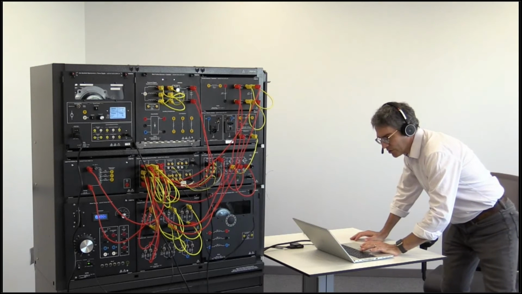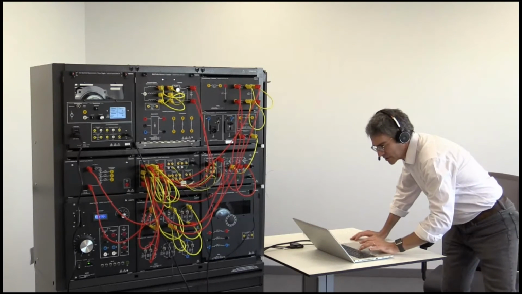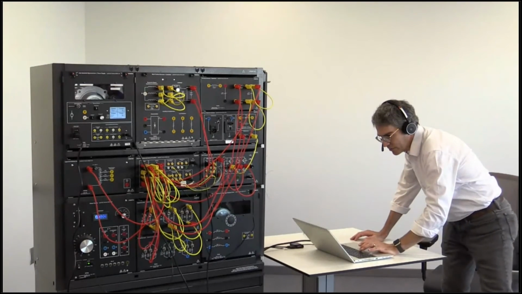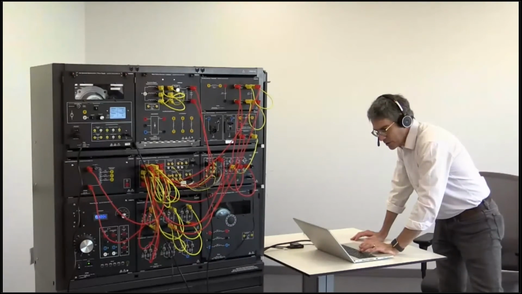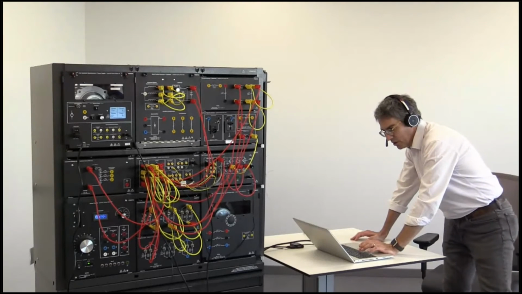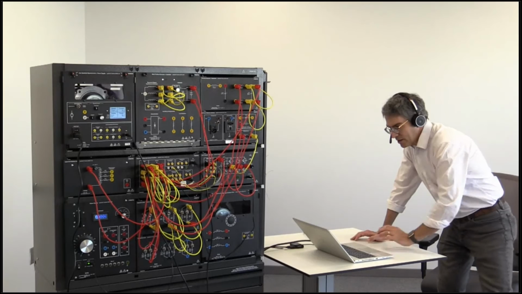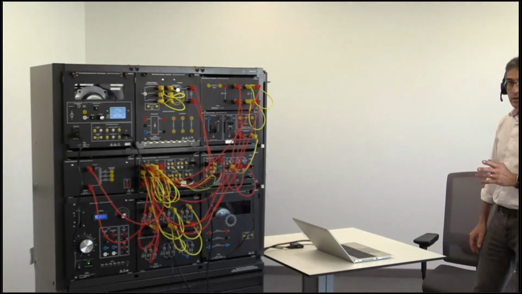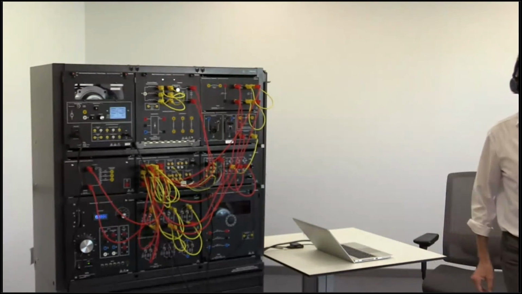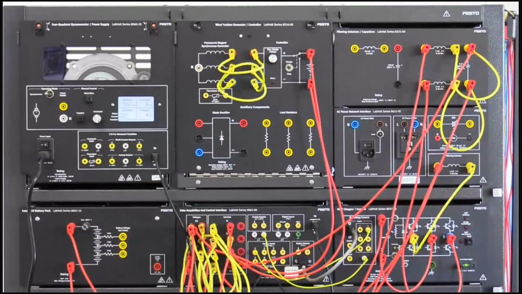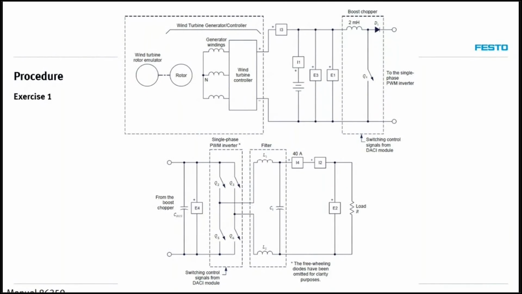Okay, so that I'm skipping here, and now let's dive into the procedure because time flies. So what we will be doing here is we will operate the single-phase standalone inverter with the wind, as we just saw. In this circuit here, you can see the full circuit that I was just showing you.